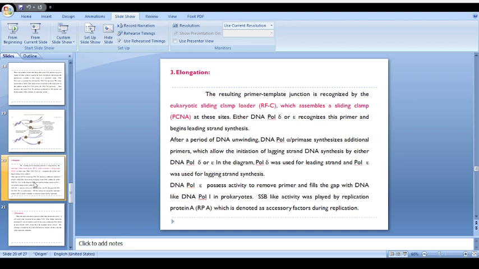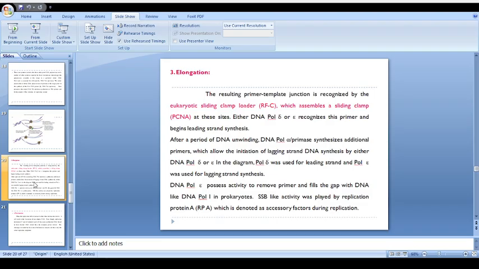The elongation process is the third step of eukaryotic replication. The resulting primer template junction is recognized by the eukaryotic sliding clamp loader, which resembles the sliding beta clamp of the prokaryotic DNA polymerase 3.